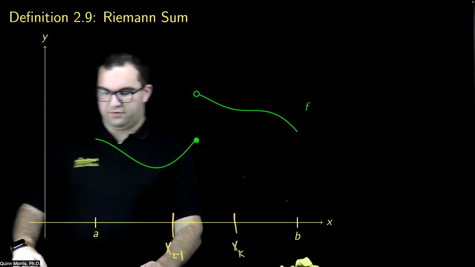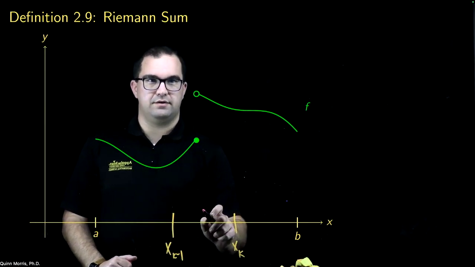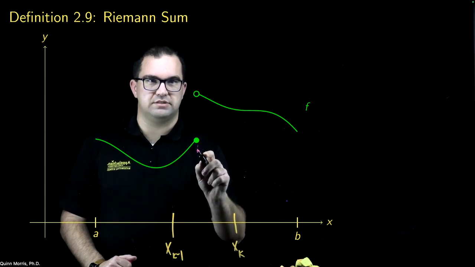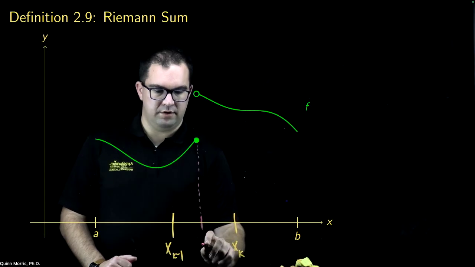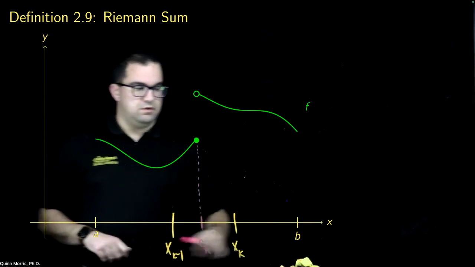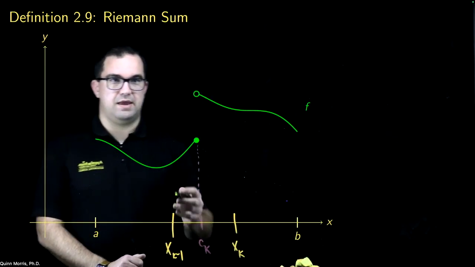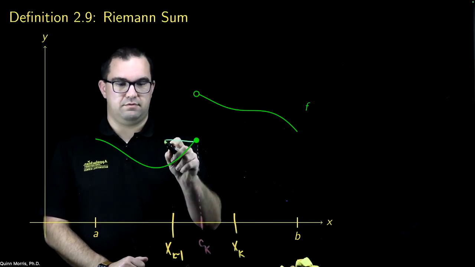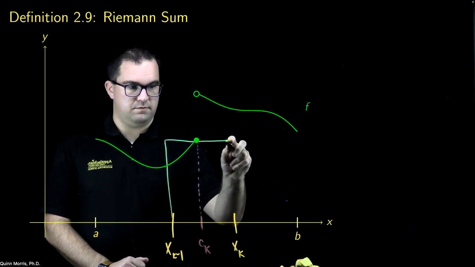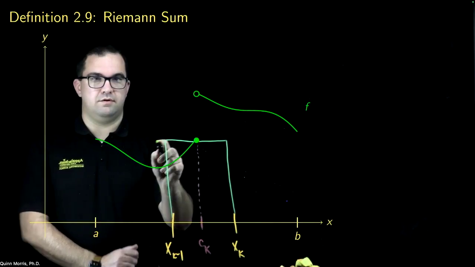And we have a tag value, say, sitting right here at this point of discontinuity. Okay, so let's say right here is c sub k. Now, notice here again that the approximating rectangle in this region is going to be this, right? So this has height.